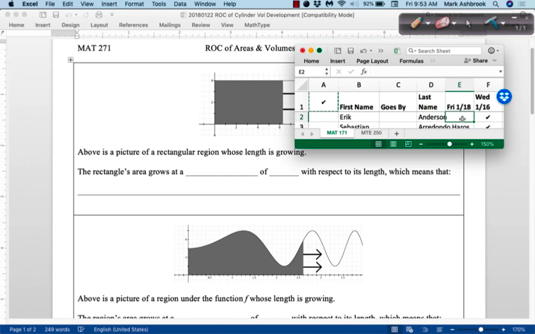Eric. Is Eric here? Sebastian. Kyle. Nico. Nico here? Anna. Clayne. Grant. Grant. Nick. Kane. Lauren. Is Lauren here?